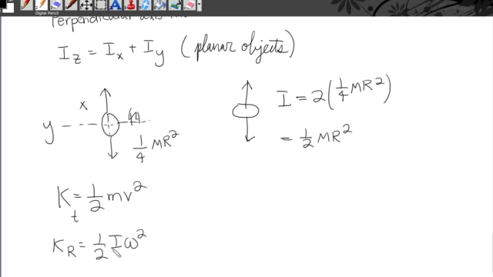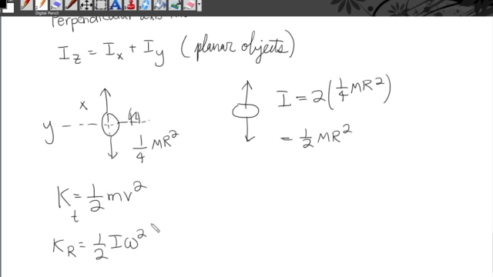And if an object is both rotating and moving in a translational way, then the formula would just be these two added up for the total kinetic energy. And if it's just rotating, you would use this, and if it's just translating or moving in a linear path, then you would just use this.